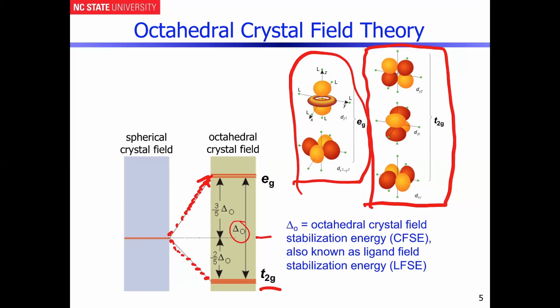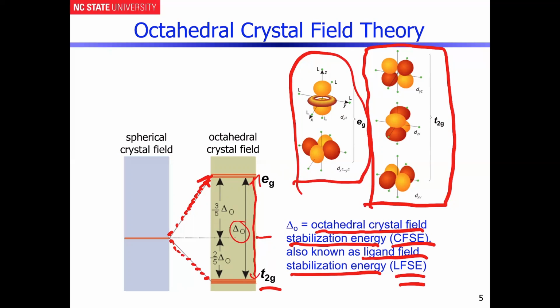And del O is this splitting that you see here between the T2G and the EG sets. That's known as the octahedral crystal field stabilization energy, shorthand CFSE. But this is also known as the ligand field stabilization energy, and I prefer that terminology because that's what we use in the textbook at the present time.